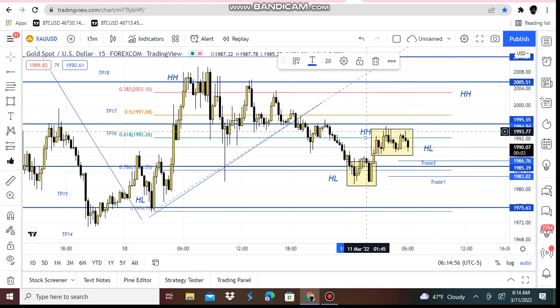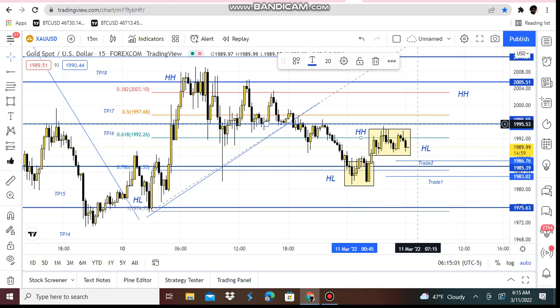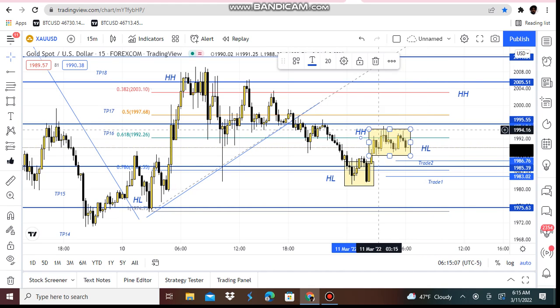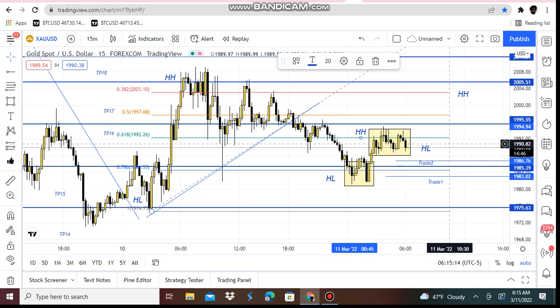A higher low back down here. Made a higher high all the way up to 0.618 Fibonacci, and then it made a higher low back down to 1989. It made a higher high all the way up to 1995 before making a higher low back down in 1989. And we're waiting for price to make a higher high back up here, at least to 2002.